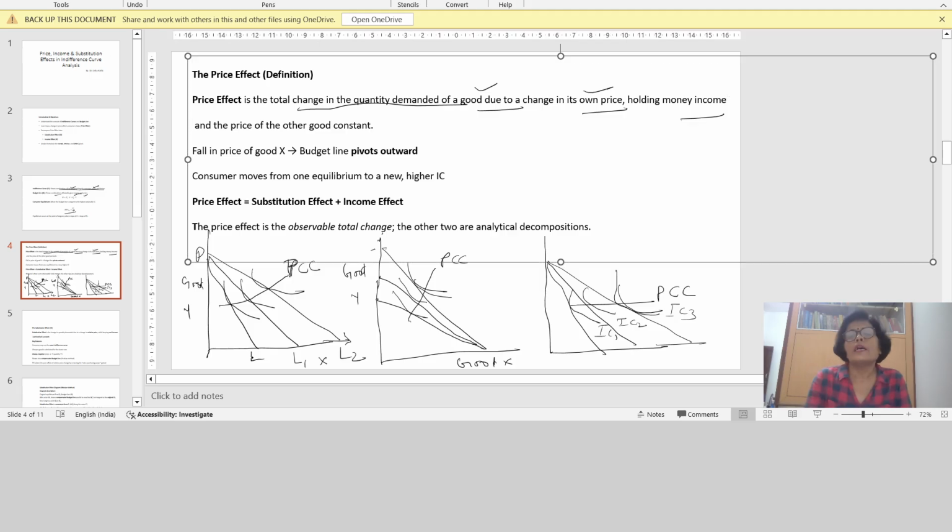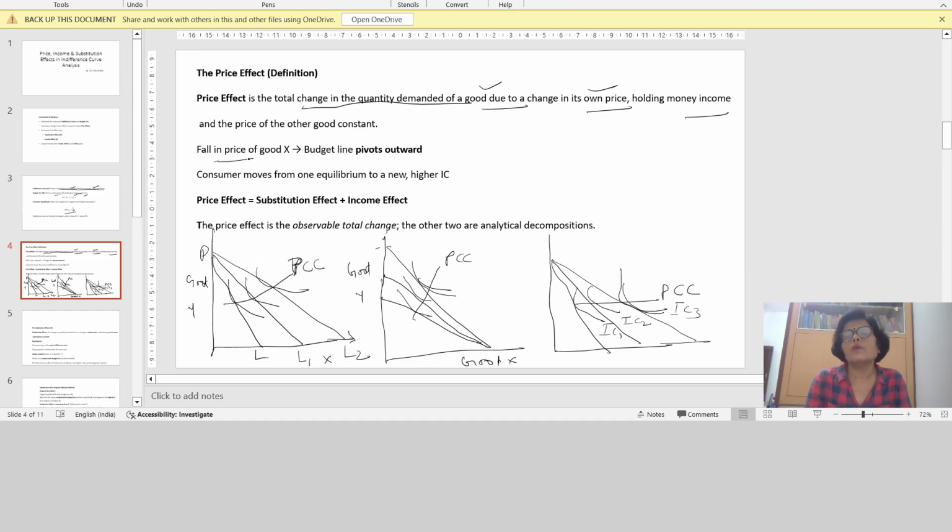What will be the effect of a fall in the price of good X? The budget line will pivot outward. The consumer moves from one equilibrium to a new higher indifference curve. As you see in this diagram, on the x-axis we have taken good X and on the y-axis good Y, and PL is the primary price line or budget line of a consumer.